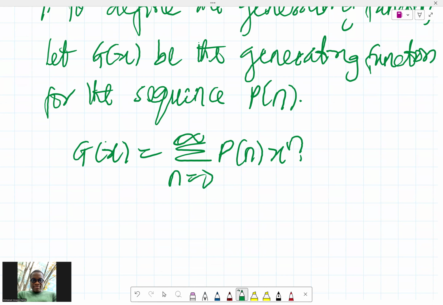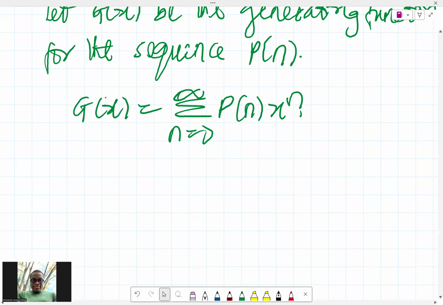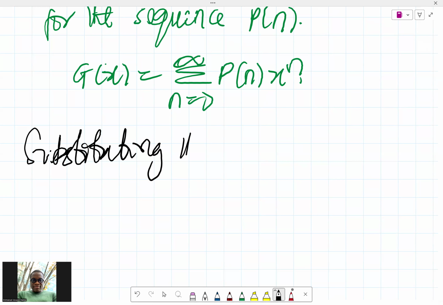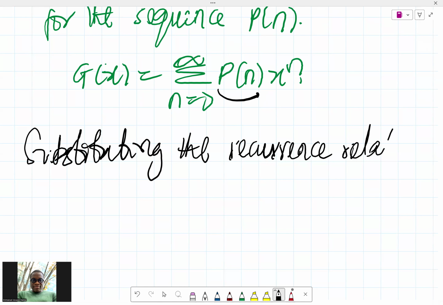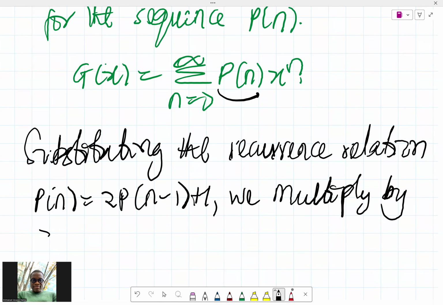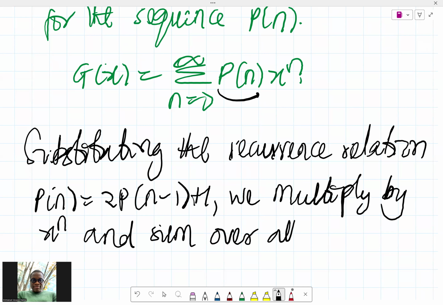With that done, substituting the recurrence relation, P(n) equals 2P(n-1) + 1, we then multiply by x raised to power n and sum over all n.